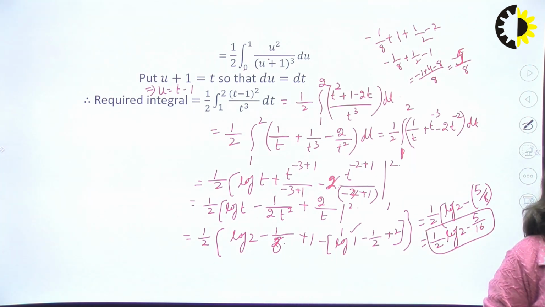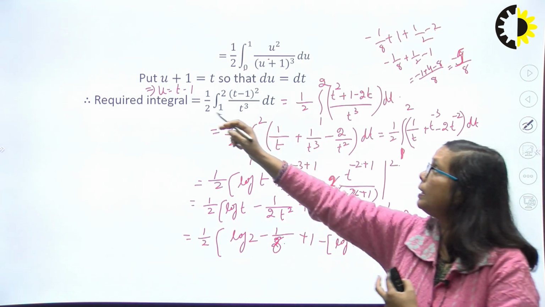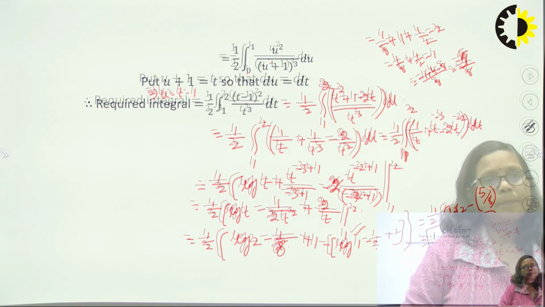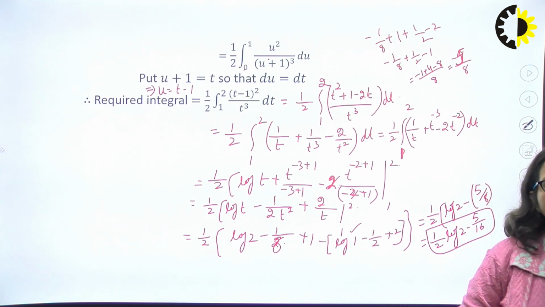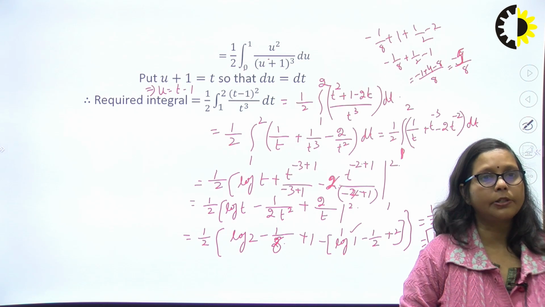Clear? So this is how we evaluate any triple integral by converting to a single integral and then solving it by using the Liouville's extension of Dirichlet theorem. So today we have discussed two important topics of multiple integrals. One is the Dirichlet theorem, Dirichlet integral, and one is its extension.